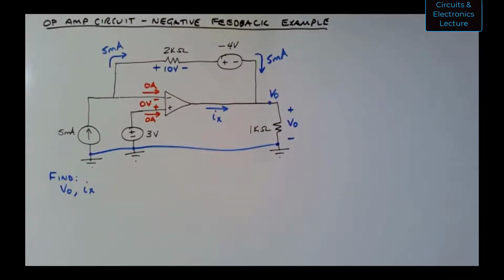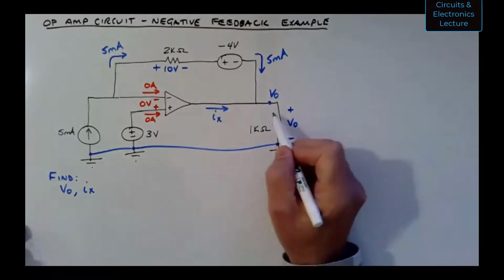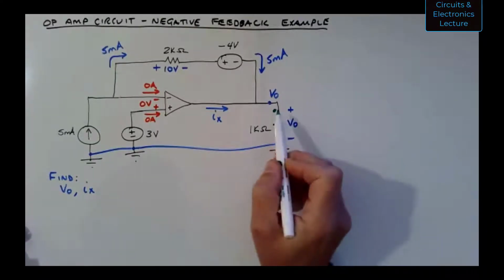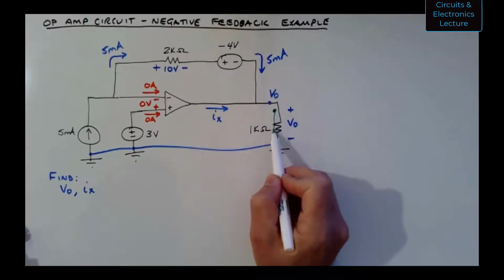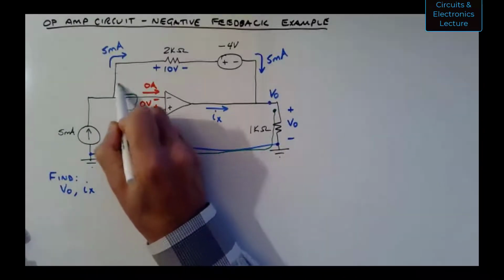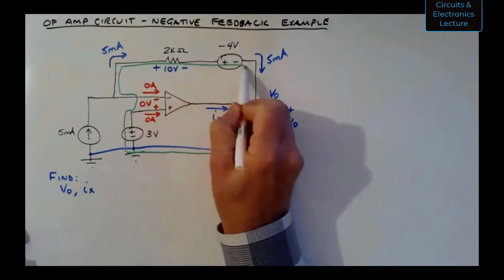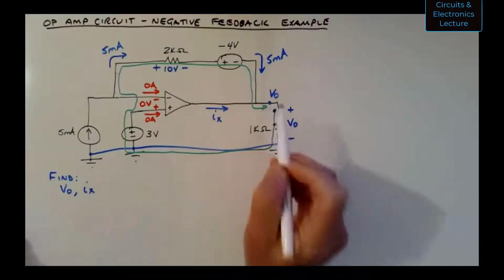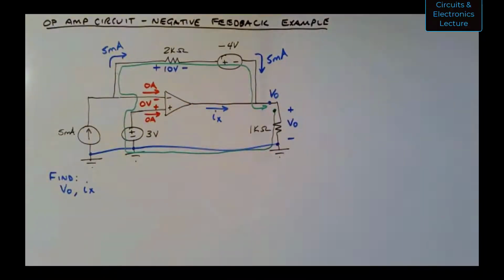So let's try that. I'm going to write in this loop here, going this way. So that's my loop along that green path, if it looks green on your screen.